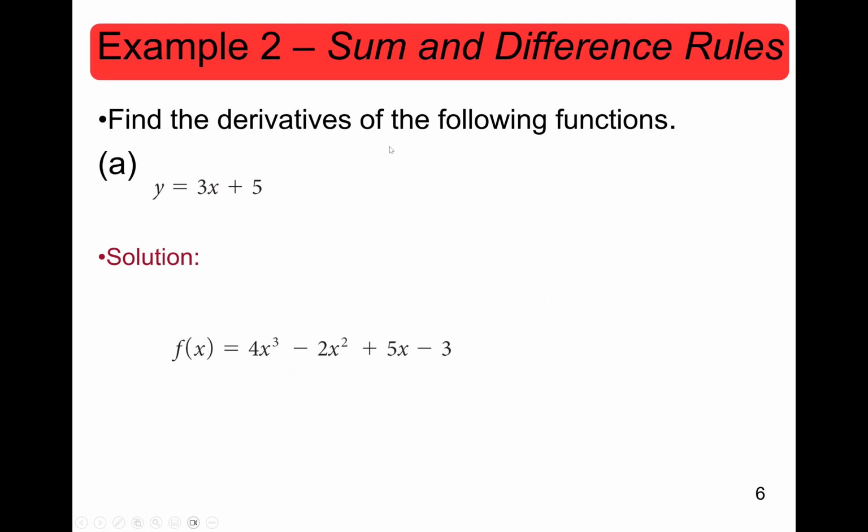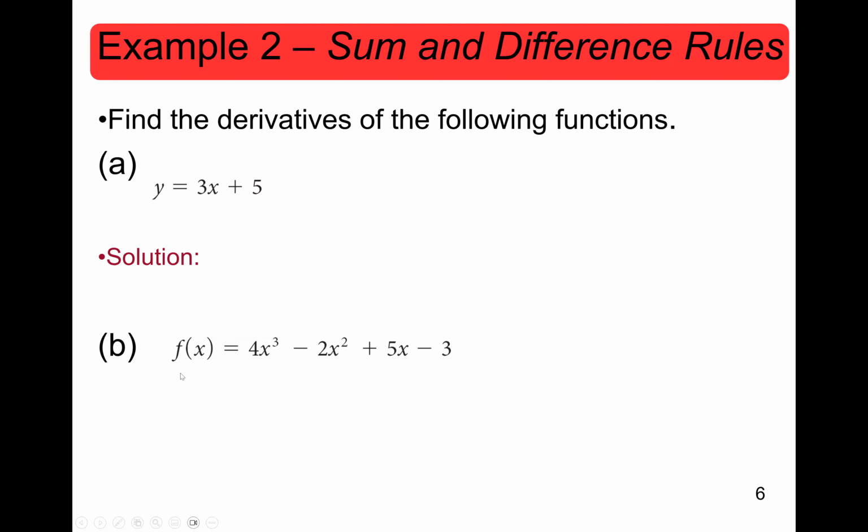Now, next example, to find the derivative of the following function, y equal to 3x plus 5. So again, we know the derivative of 3x will be 3 and of 5 will be 0. So the derivative of y equal to 3x plus 5, the answer will be, again, 3.